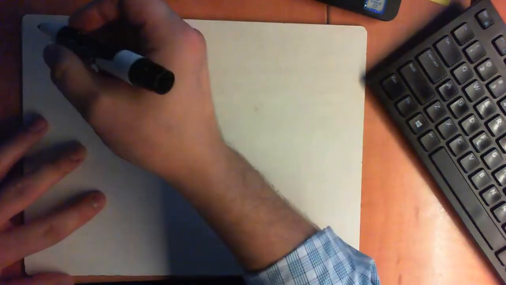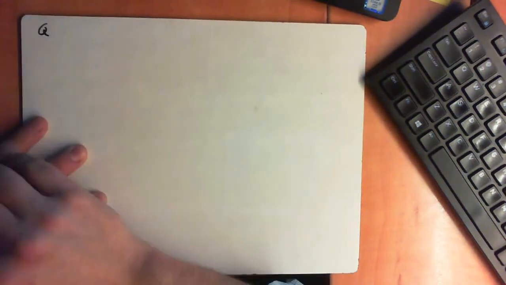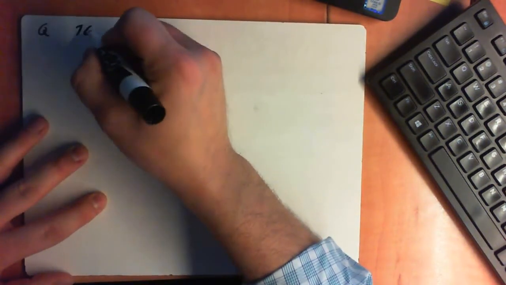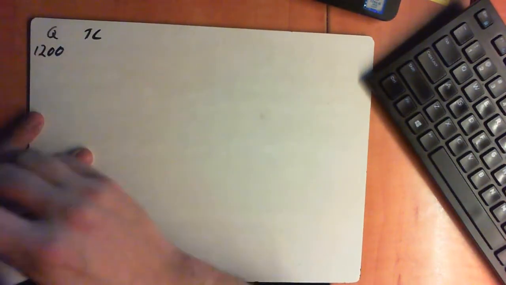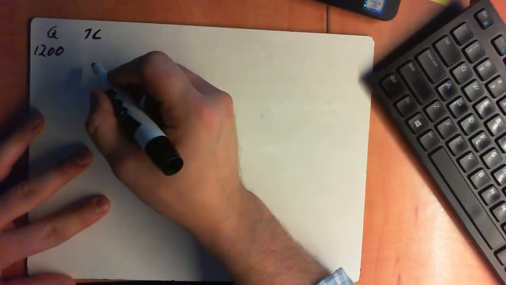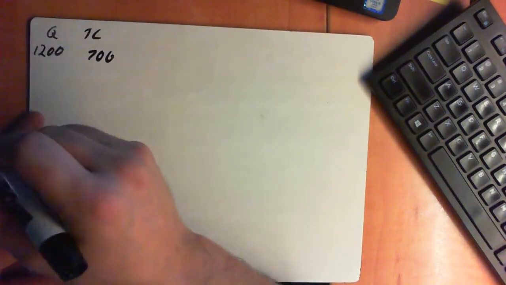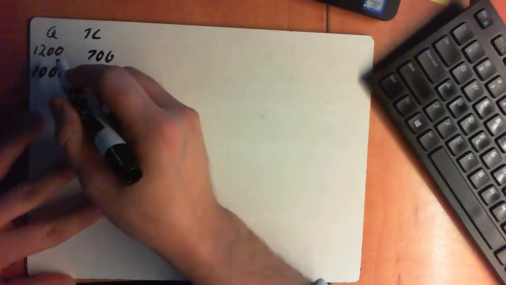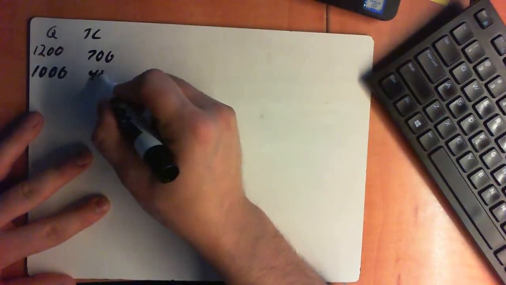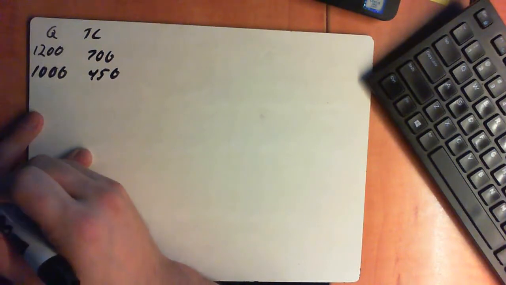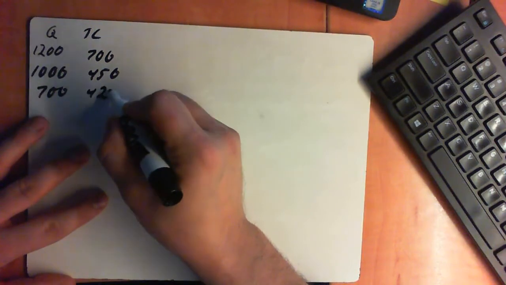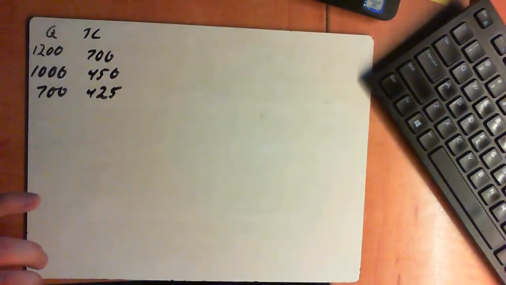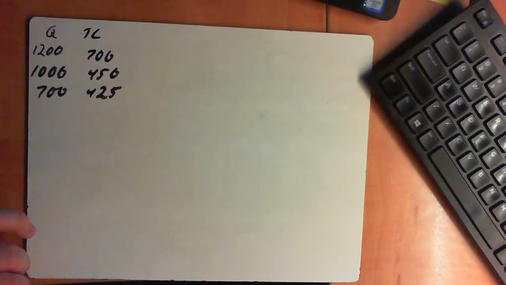All right, so we have some quantity and we have some total cost. At quantity 1,200, total cost is 700. At quantity 1,000, total cost is 450. And at quantity 700, total cost is 425. So, what are the firm's average total cost at these three levels of production?